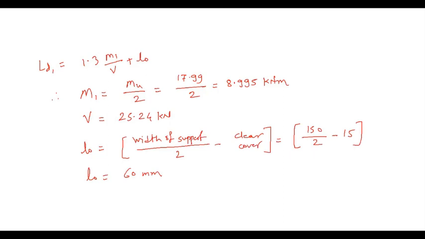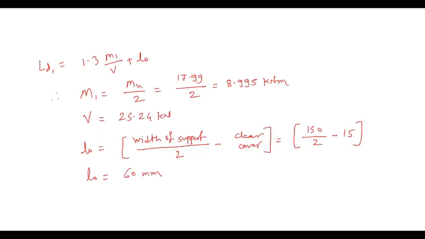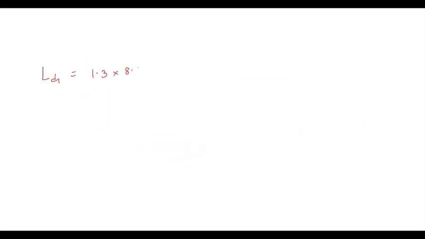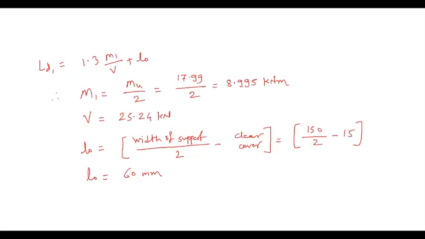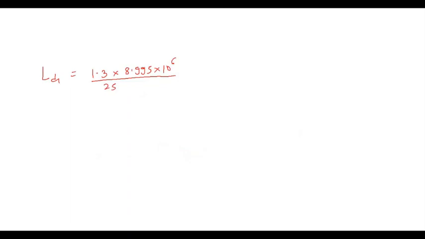You just put all the values. So LD1 is equal to 1.3 into M1. M1 is 8.995 into 10 raised to 6 divided by V, the shear force, 25.24 into 10 raised to 3, plus 60.